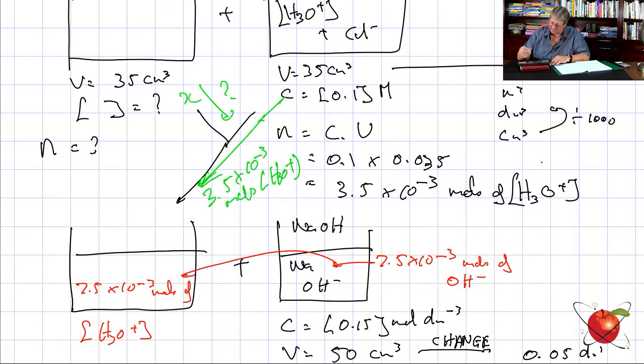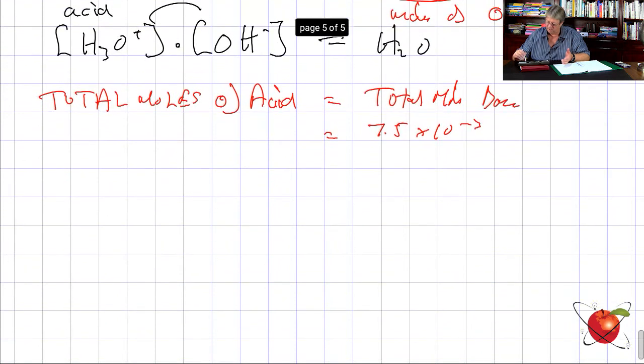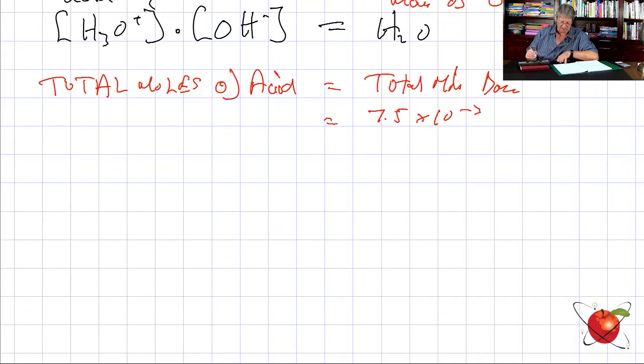Let's call this X. Therefore, X moles from the H2X, plus my 3.5 × 10^-3 moles.